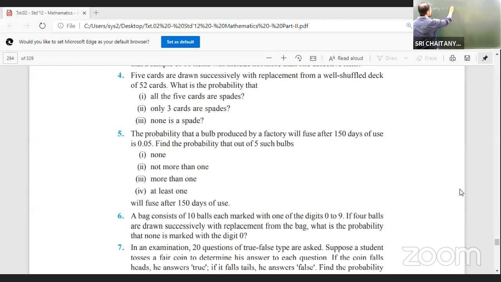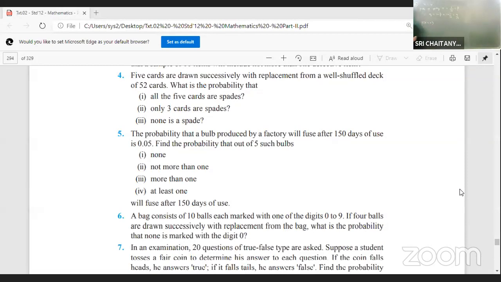Out of 10, 0 is only 1, so 1 by 10, that is equal to P. Therefore, Q is equal to 1 minus P, which is 1 minus 1 by 10, equal to 9 by 10. Therefore, probability of none of them being 0.